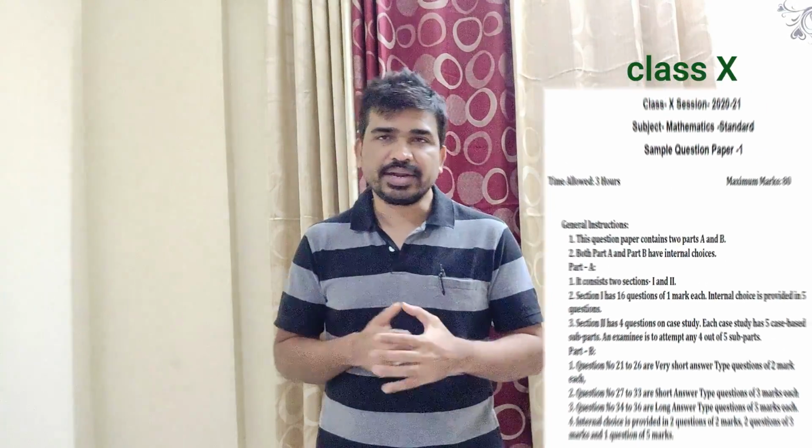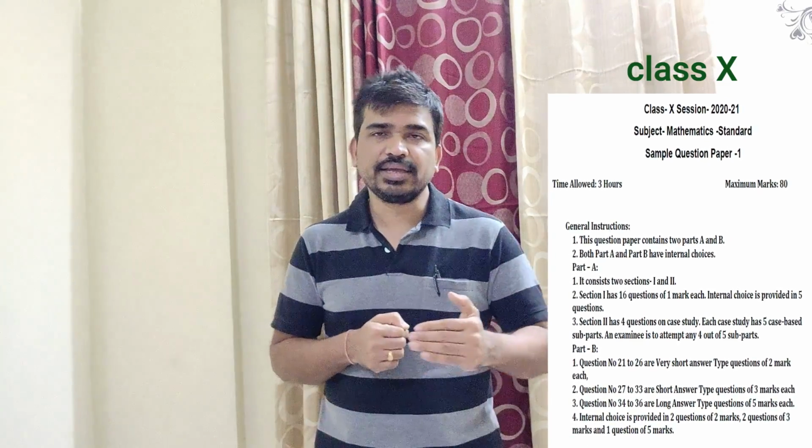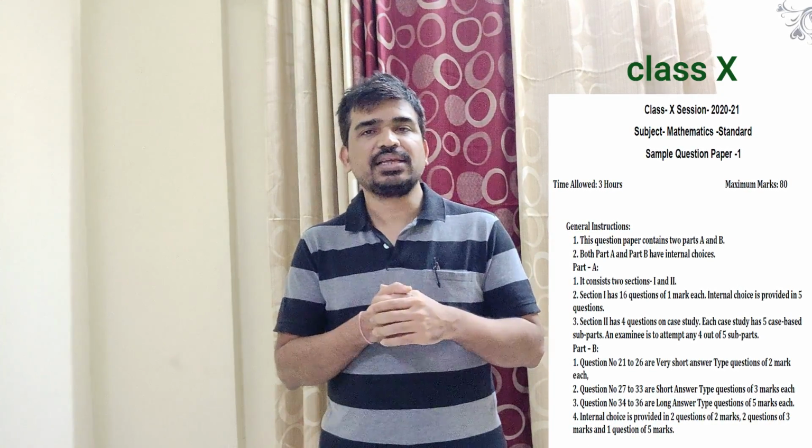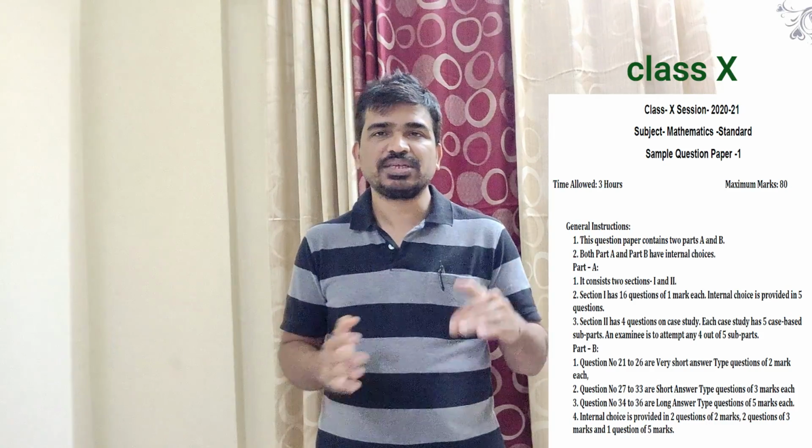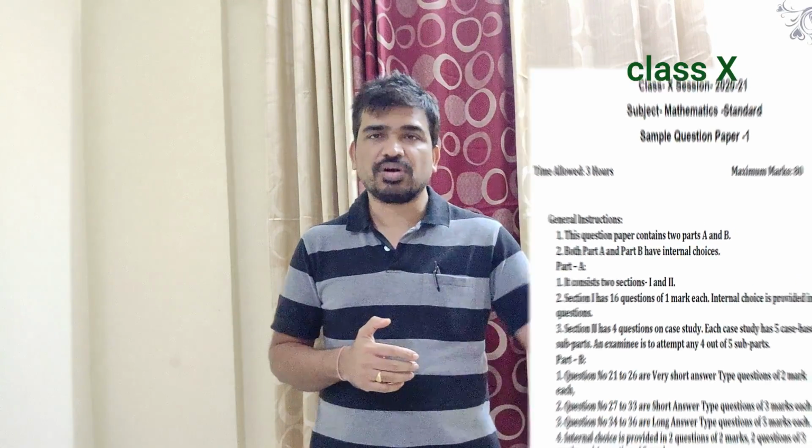You should not go beyond 1 hour for Part A, because the first 16 questions are 1 markers, and there is no point spending more than 2 to 3 minutes on a single question. If within 2 to 3 minutes you are getting the answer, please write it down, else move to the next question. You cannot fight with the time when you are attempting the question paper.